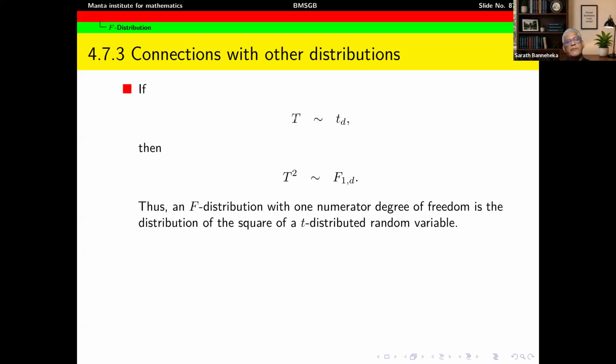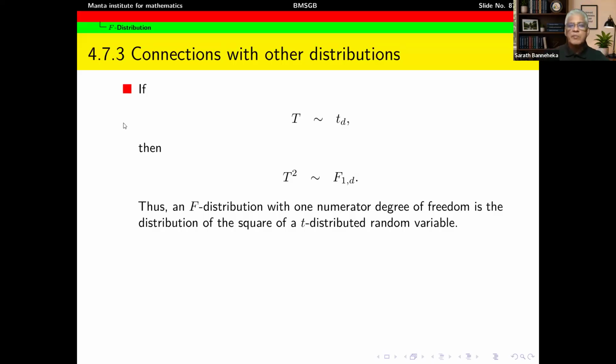Suppose there is a T distribution with, say, d degrees of freedom. Let's denote that random variable by capital T. Then we can prove that T square has an F distribution with numerator degrees of freedom 1 and denominator degrees of freedom D. How do we see this?